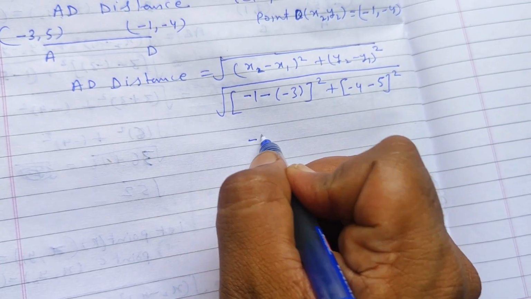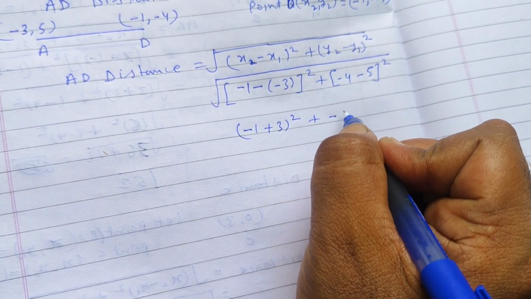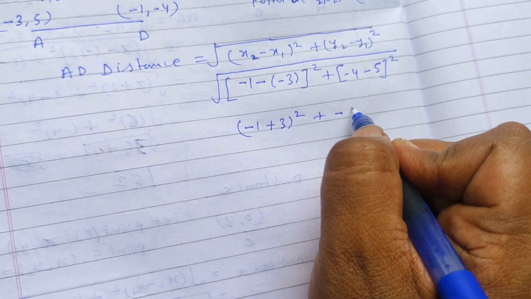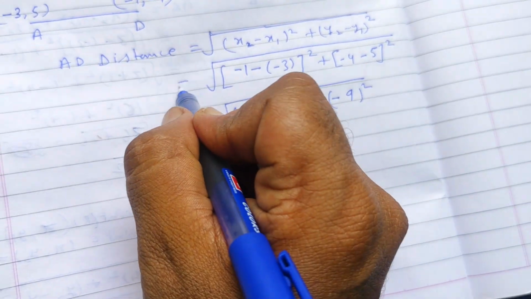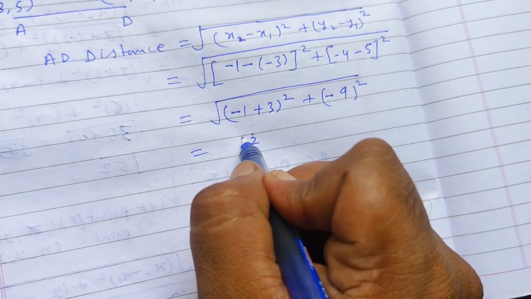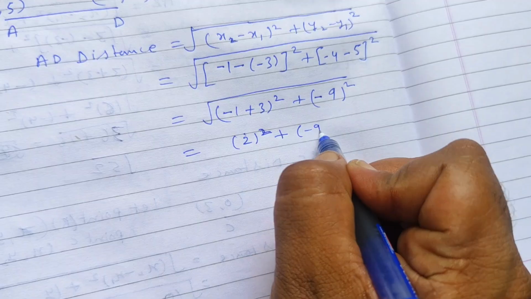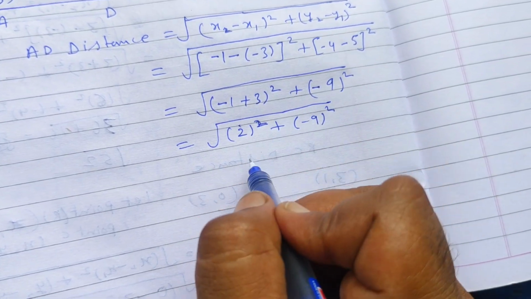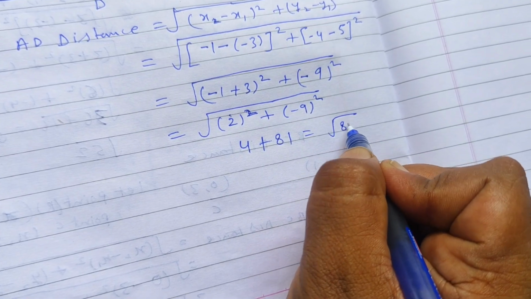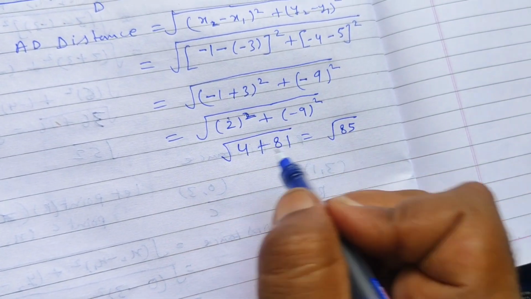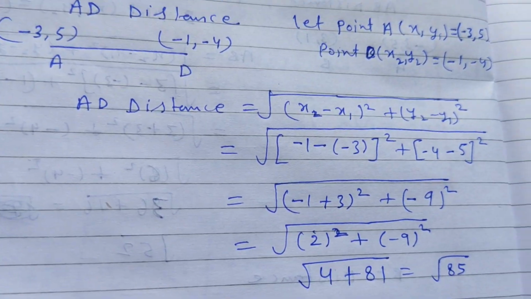So -1 plus 3 is 2, and -4 minus 5 is -9. 2 squared is 4, 9 squared is 81, total 85.